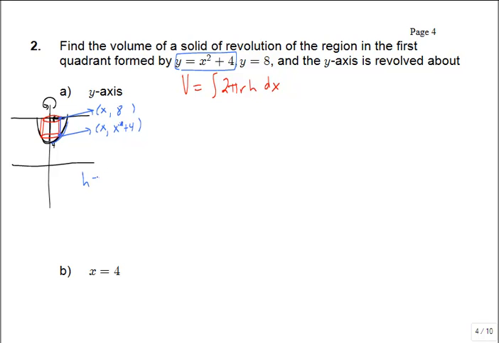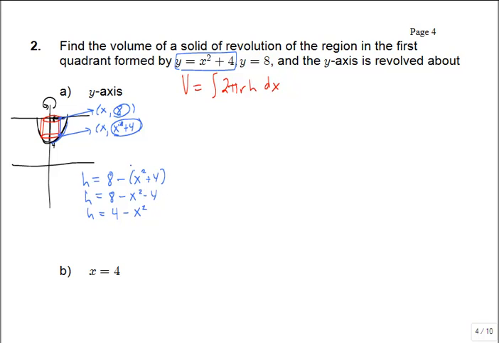So the height is going to be the top y value minus the bottom height. So this 8 minus this x squared plus 4, and use parentheses when you subtract, so that when you distribute the negative, this height function becomes 4 minus x squared.